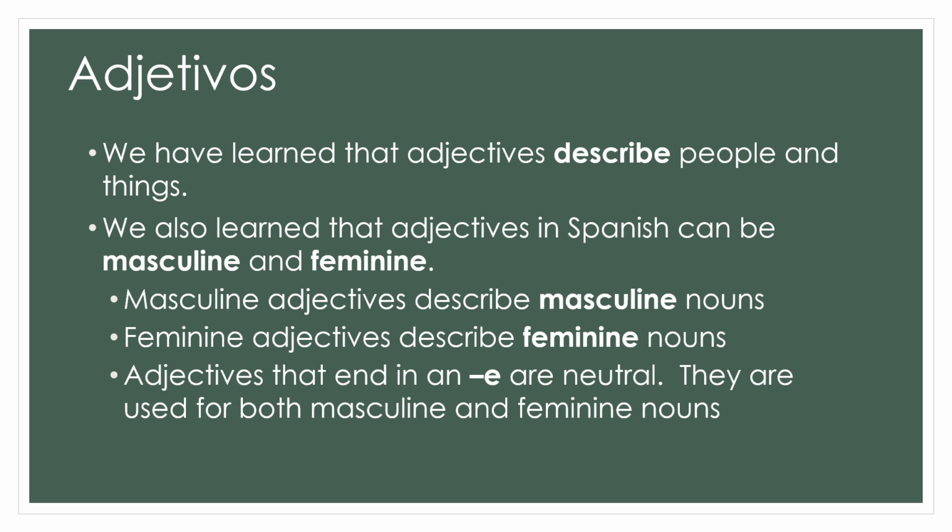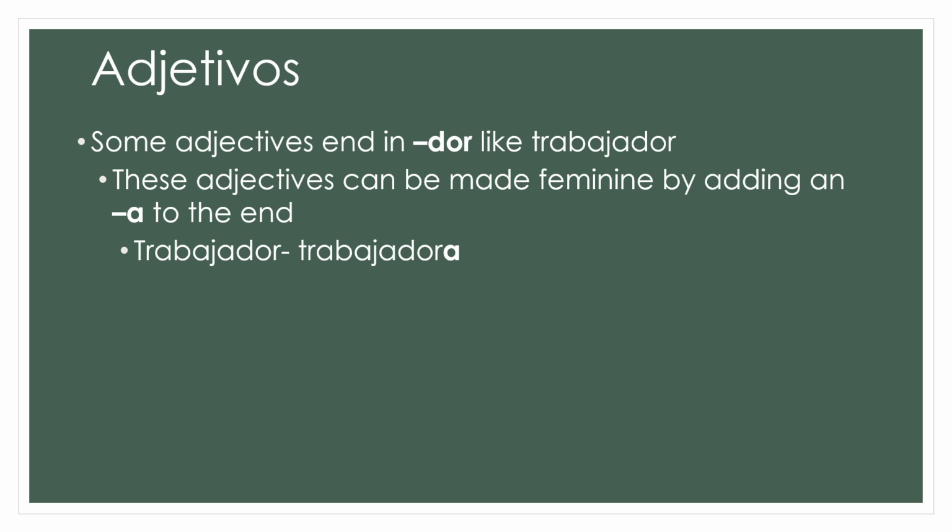All right, and we have several adjectives that are neutral because they end in E. Adjectives that end in E are neutral. They're used the same for both masculine and feminine nouns. One thing I forgot to add yesterday, but I'm adding it today, so add it in your notes. Some adjectives end in dor, like the adjective trabajador. You have that in your vocabulary.